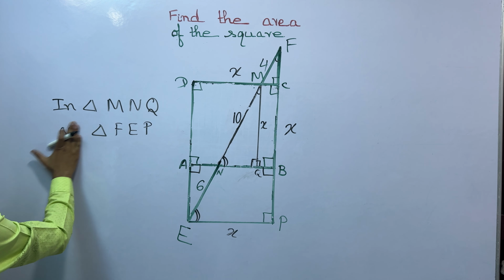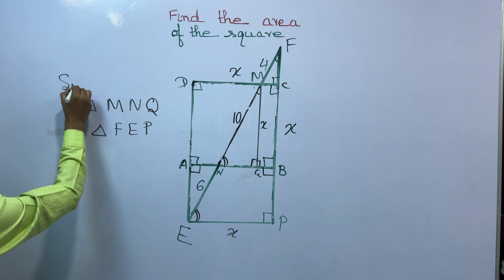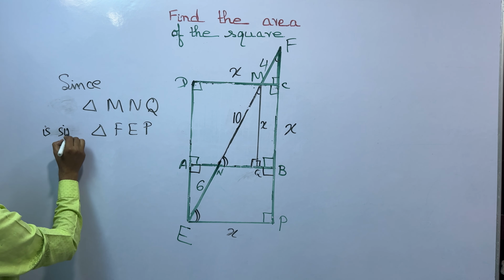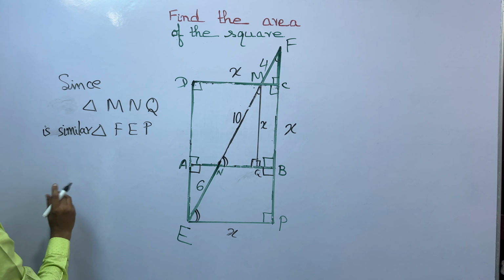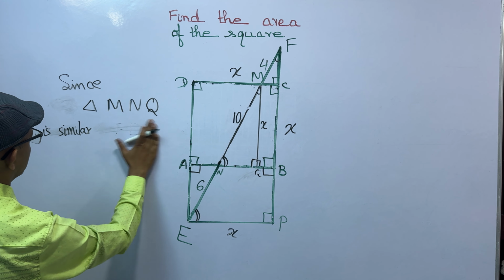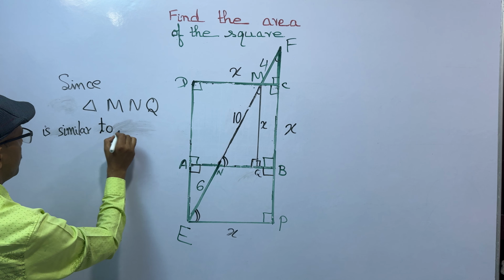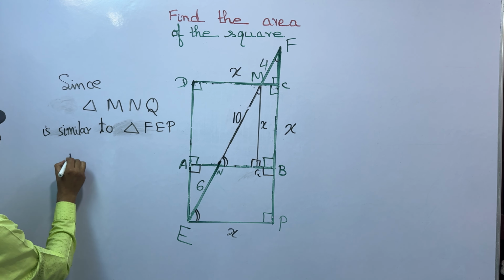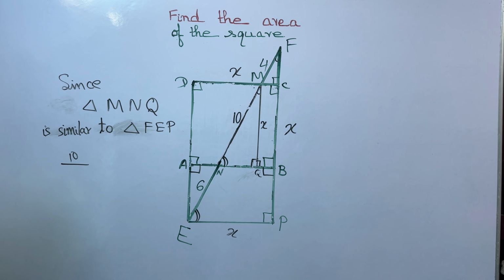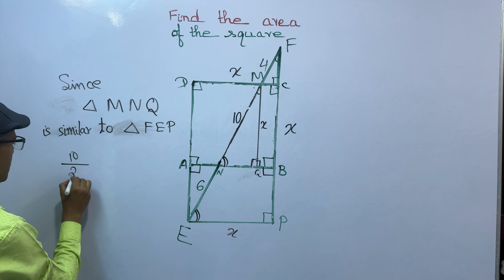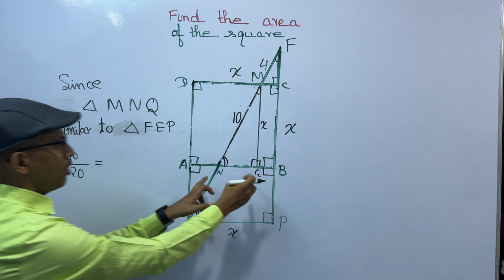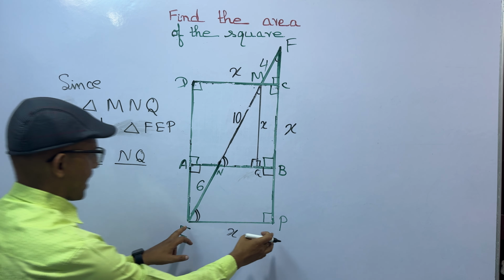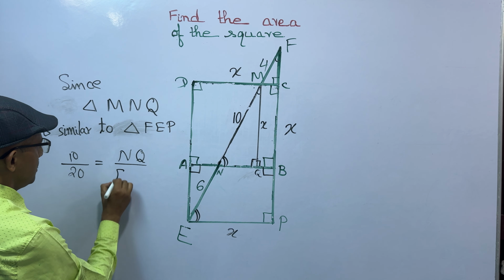Or we can write that since triangle MNQ is similar to triangle FEP, smaller hypotenuse 10 divided by bigger hypotenuse 20 must be equal to smaller side NQ divided by bigger side EP.